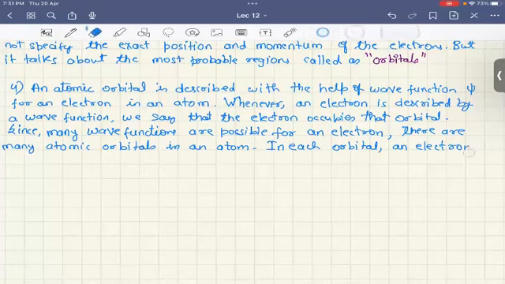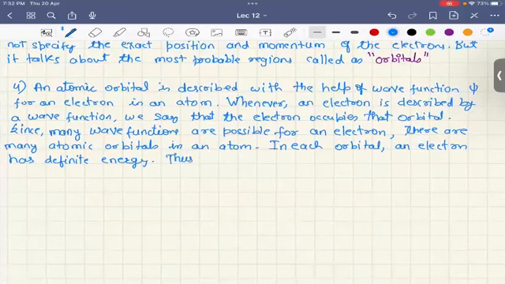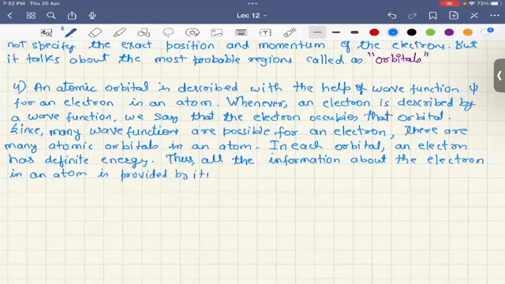Thus, all the information about the electron in an atom is provided by its orbital wave function, which is nothing but psi.